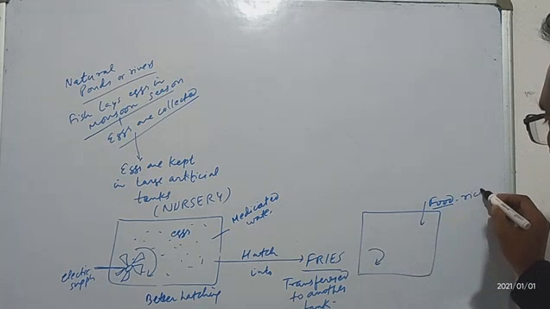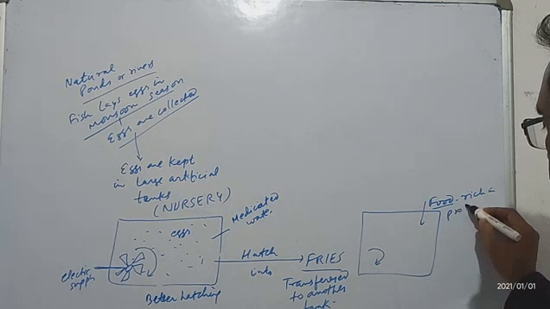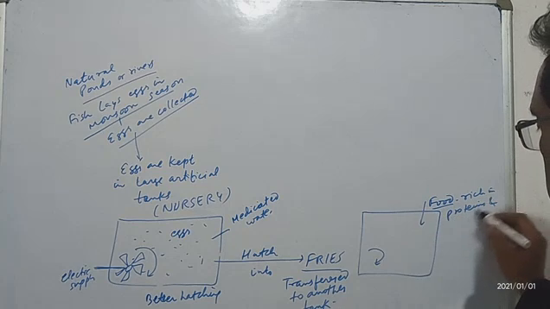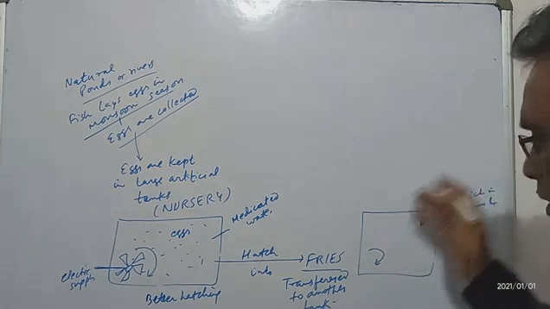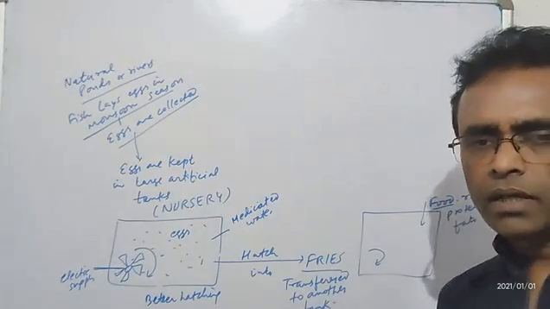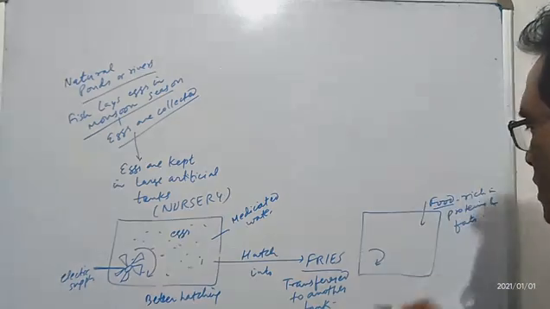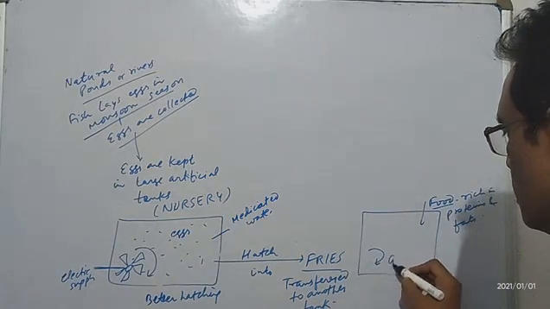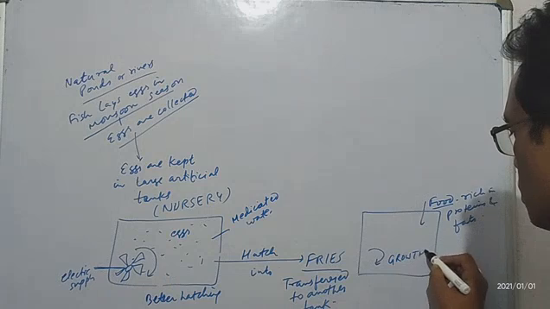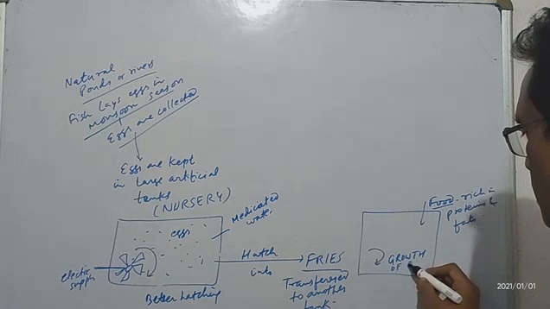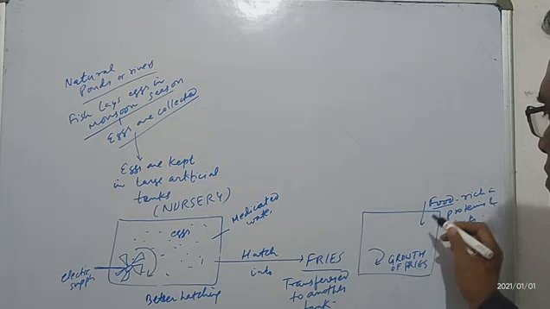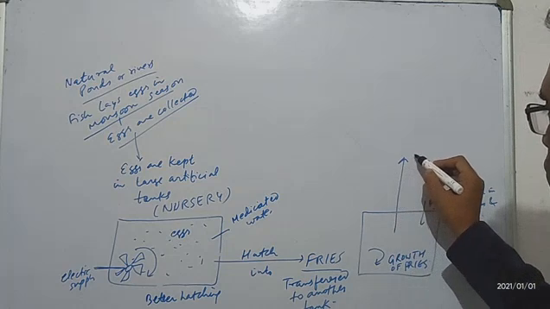Food, of course, which is rich in proteins and fats. That is provided to them, available in the market, there is no problem at all. And then these fries, we cause the growth of the fries in this tank. Growth of fries.